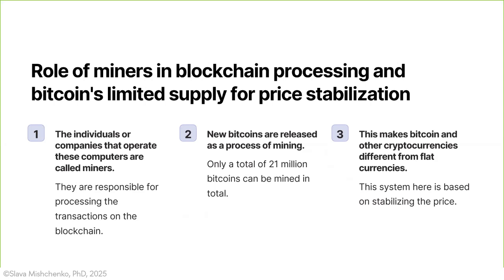This scarcity is intentionally designed to create price stability in the long term, though we certainly see significant volatility in the shorter term. I think this combination of mining rewards and limited supply creates what I consider to be one of the most sophisticated economic systems ever designed.